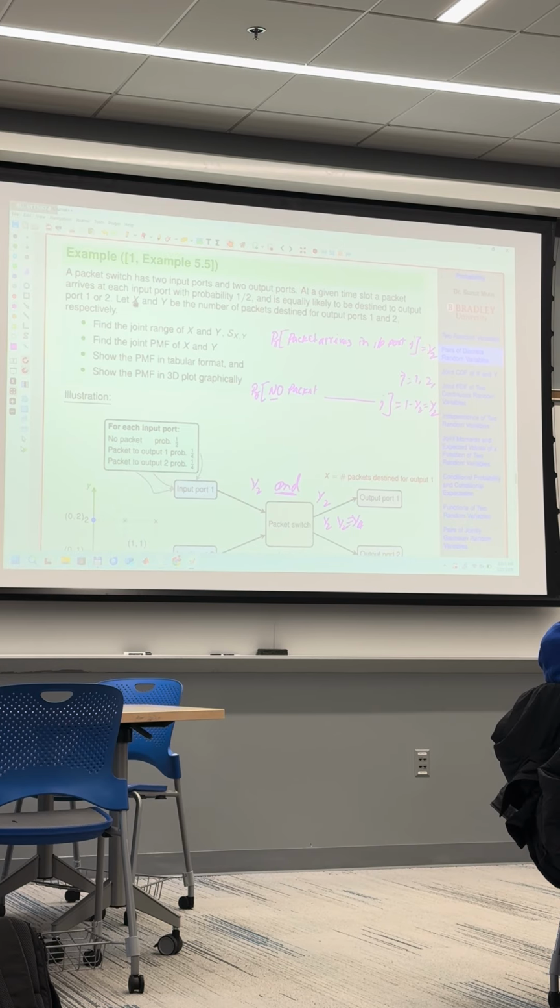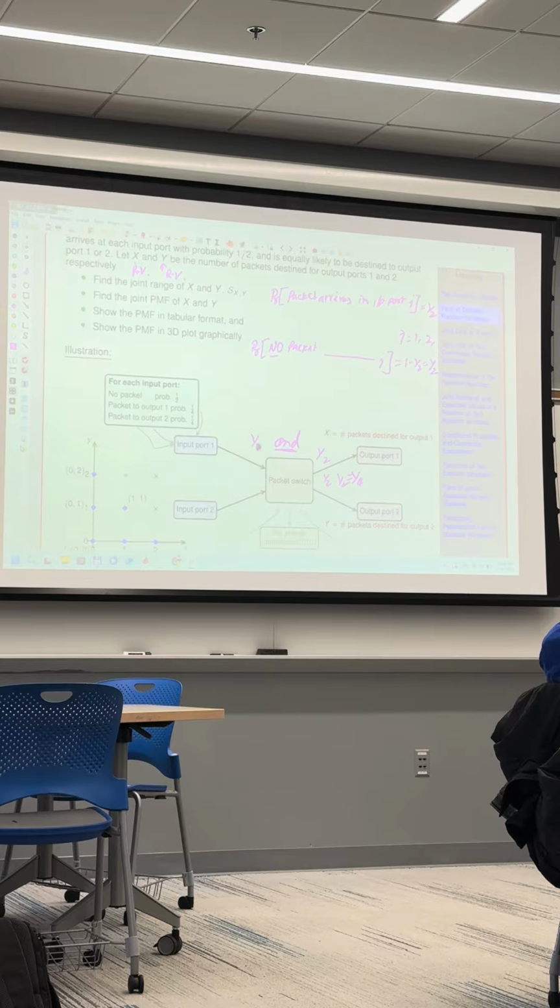So X is a random variable, and random variable Y. Random variable X represents the number of packets destined for output port number 1, and random variable Y represents the number of packets destined for output port number 2. So I have written it right here.